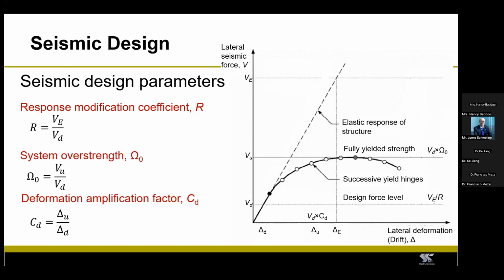The last parameter is the deformation amplification factor, which is given by C sub D. This parameter is used to calculate the inelastic story drift of the structure that is expected during the earthquake.